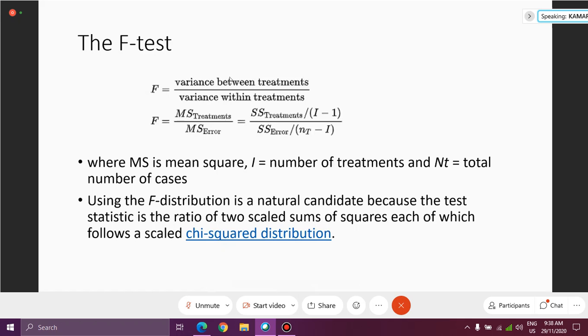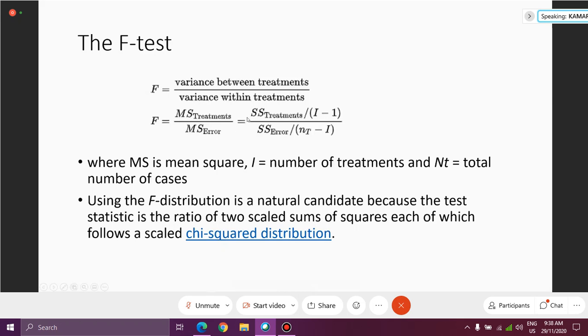We compare that using the F test. The F value equals the variance between treatments divided by variance within treatments, or the mean square of treatments divided by mean square of error.